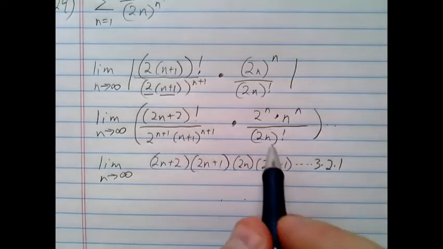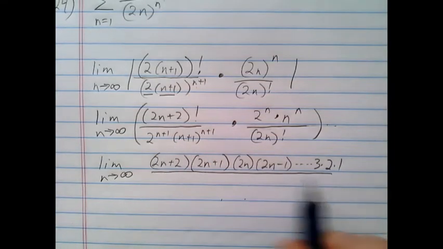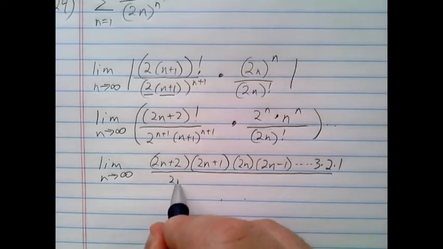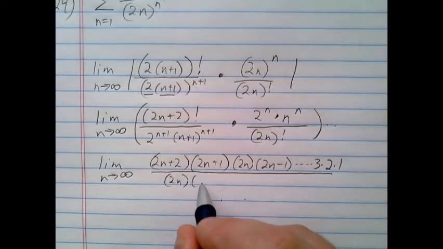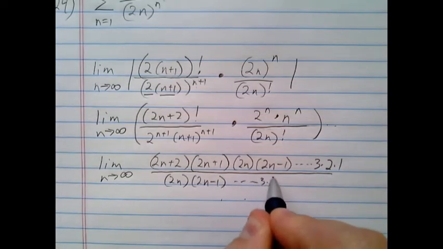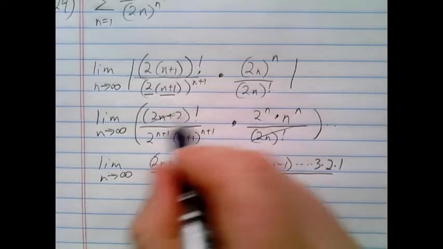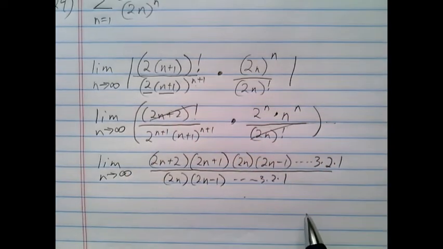Okay, now I'm going to put this underneath that. 2n factorial would be 2n times 1 less than 2n, and then all the way back down to 3, 2, and 1. Okay, so that's taking care of this numerator and this denominator.